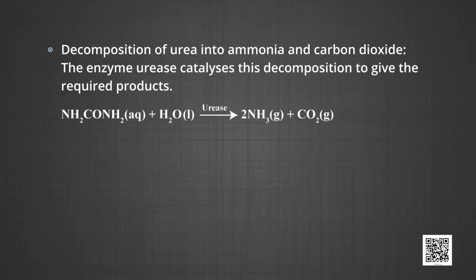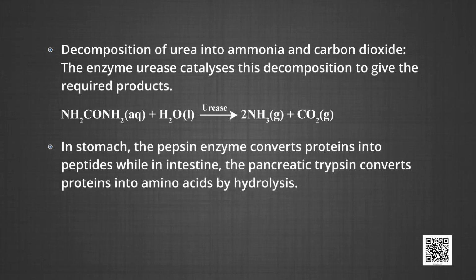Number 5, decomposition of urea into ammonia and carbon dioxide. The enzyme urease catalyzes this decomposition to give the required products. Number 6, in stomach, the pepsin enzyme converts proteins into peptides, while in intestine, the pancreatic trypsin converts proteins into amino acids by hydrolysis.